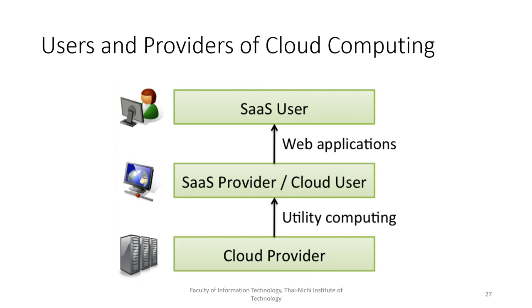This web application is accessed by the SaaS user or the end user. So the end user is the SaaS user, or software as a service user. And then we have the SaaS provider below that, which is managed by the cloud provider. So this is the three-tiered structure of users and providers of cloud computing.